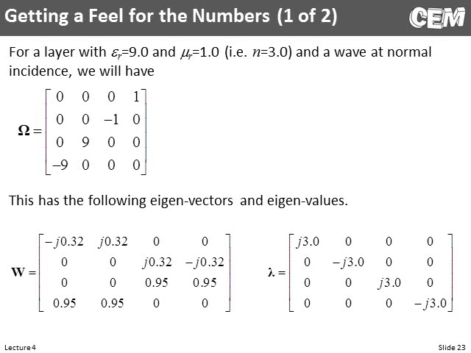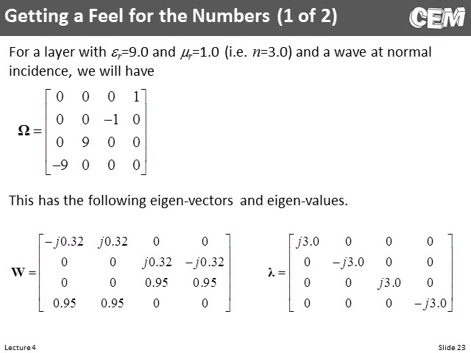This ends up being the omega matrix. And if you go back to the original equation and you plug in the numbers, that's what you'd get. Since we have normal incidence, kx and ky are 0. And that's why it reduces down to something simpler like this. If kx and ky were not 0, so we're coming in at an angle, you'd see more numbers and more positions there. But that's what it looks like. So normal incidence, dielectric constant of 9.